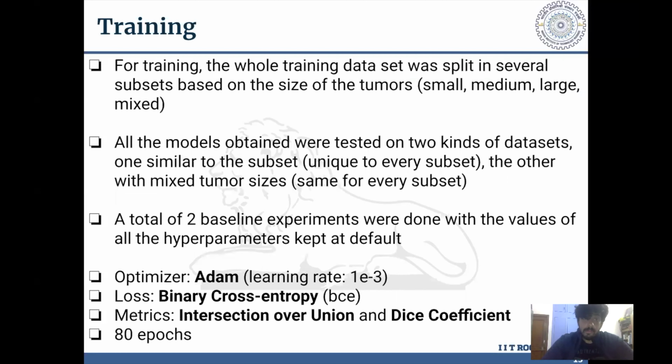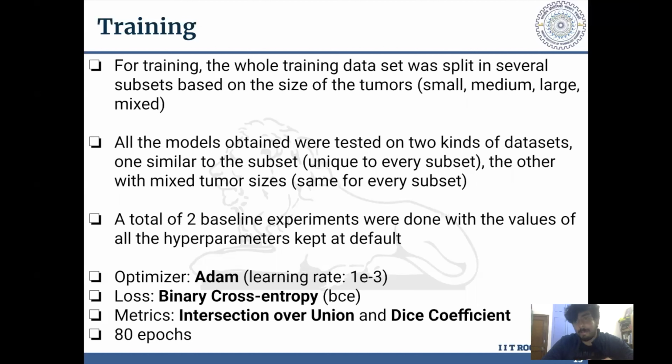Okay. For training, the whole training dataset was split in several subsets based on the size of tumors, which was small, medium, large, and mixed. So all the models obtained were tested on essentially two different testing sets. One of them being the similar subset. For example, if my training subset consists of small tumors, then the testing subset would also consist of small tumors, and the other testing set was of mixed tumor sizes.